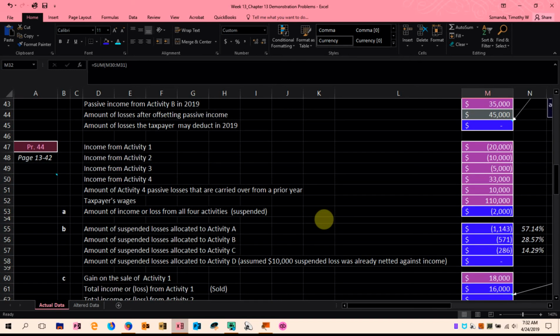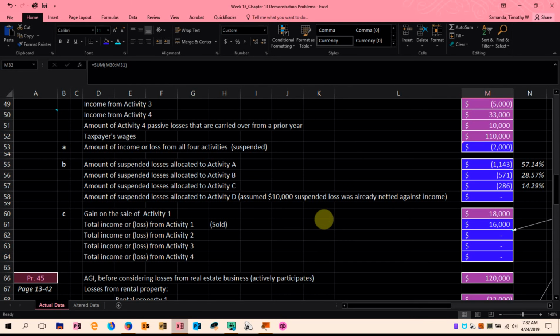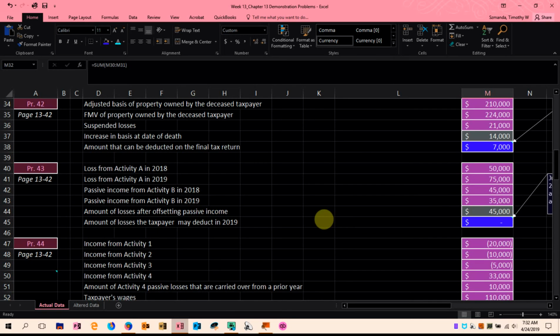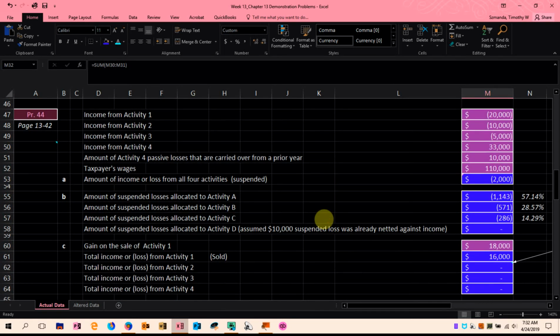Next one we'll look at is number 44. Just wanted to mention for number 44, this is a case where we have to allocate losses between activities. And so for number 44, Robert had the following income and losses from passive activities.